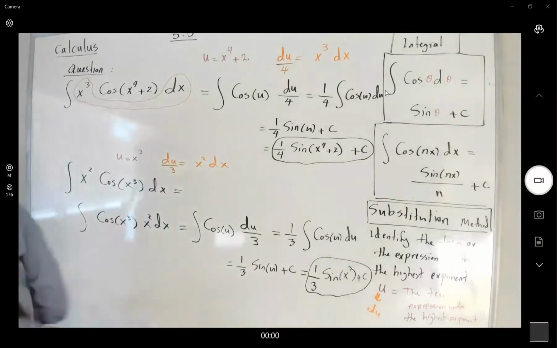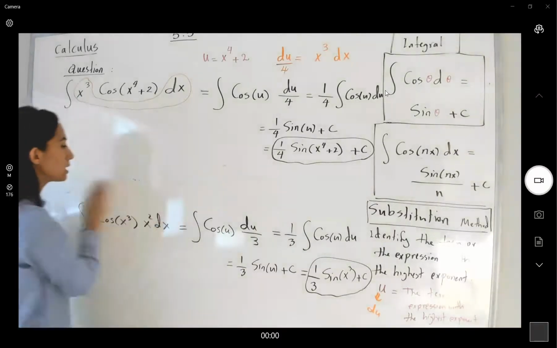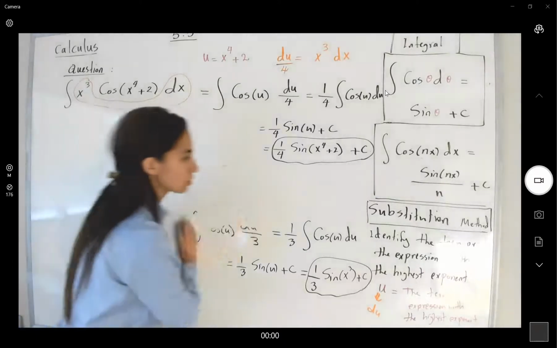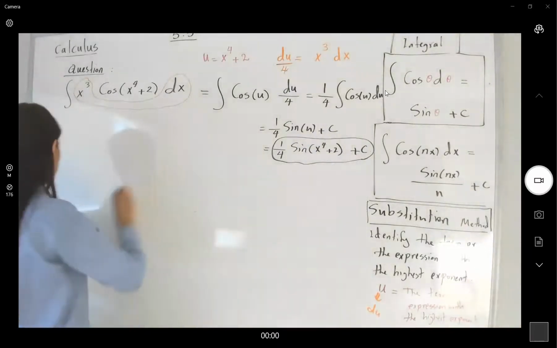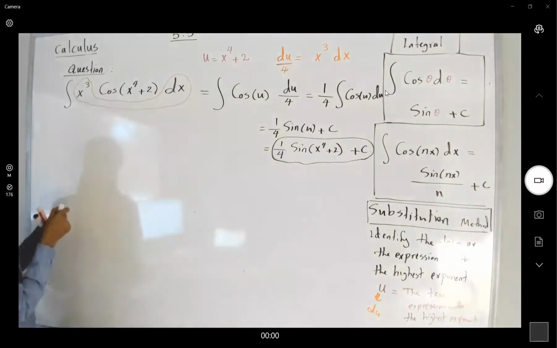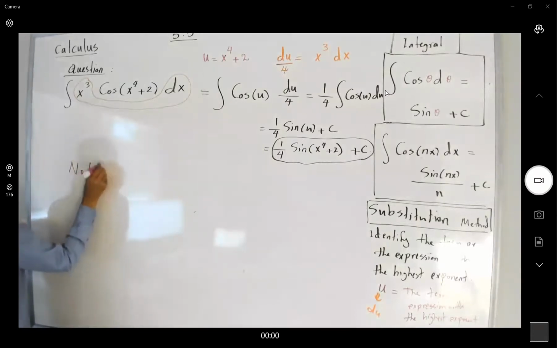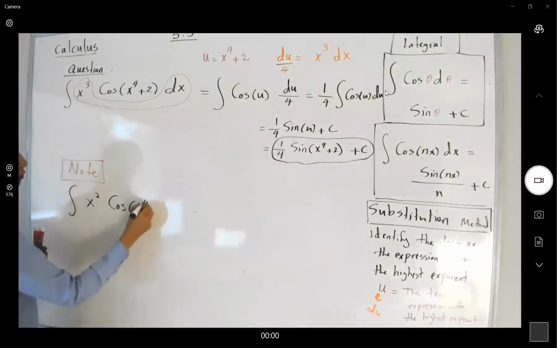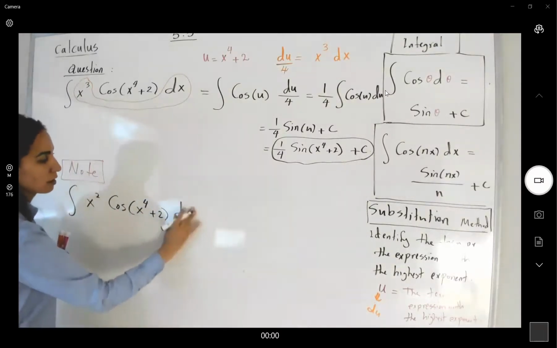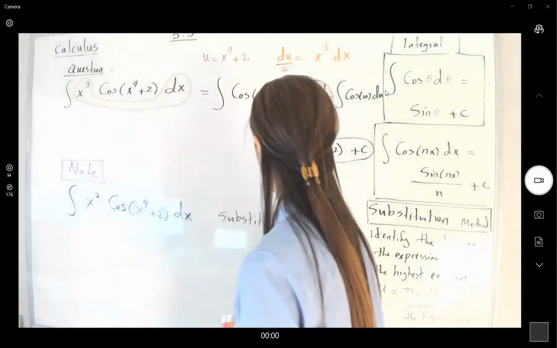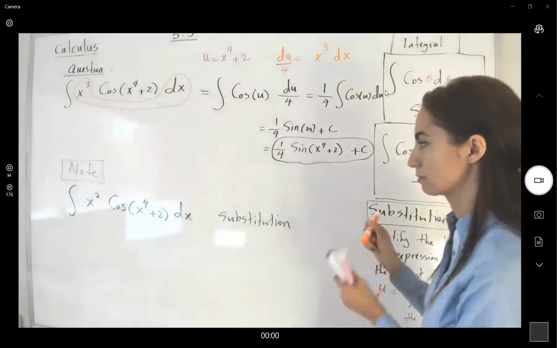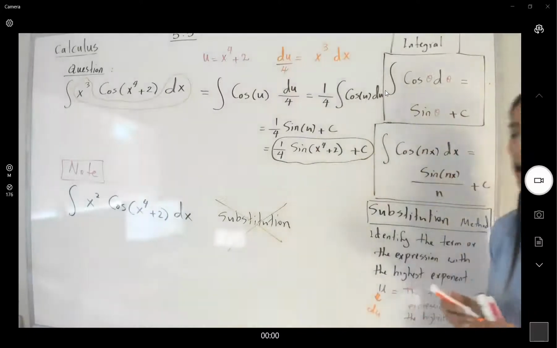And please note that if you have something like this, you cannot use substitution. Let me write it here, note. If you had something like the integral of x squared cosine of x to the 4th plus 2 dx, substitution doesn't work. Why is that?